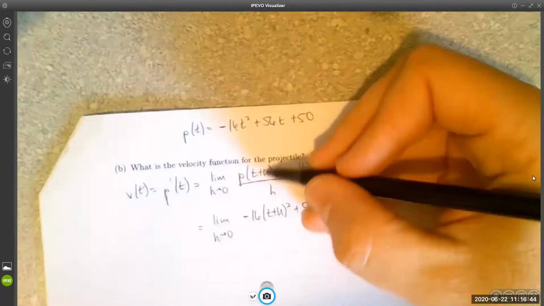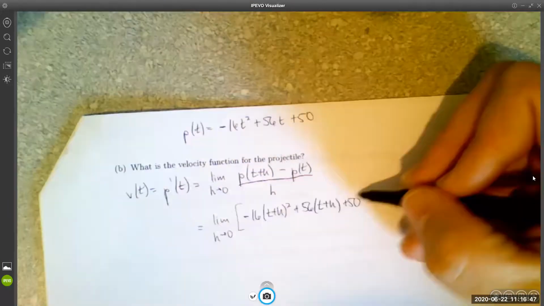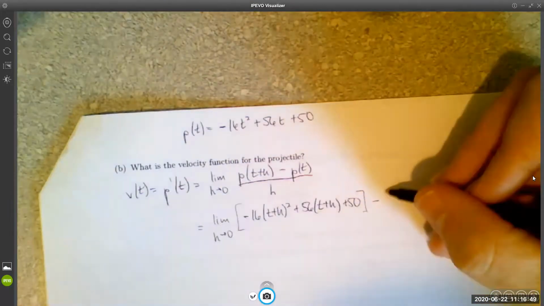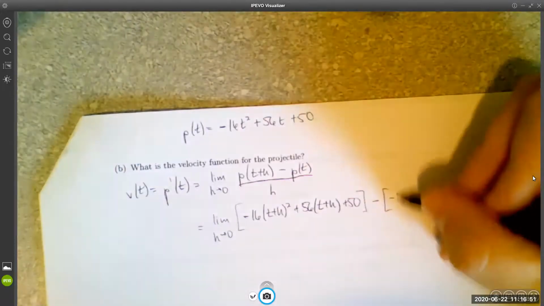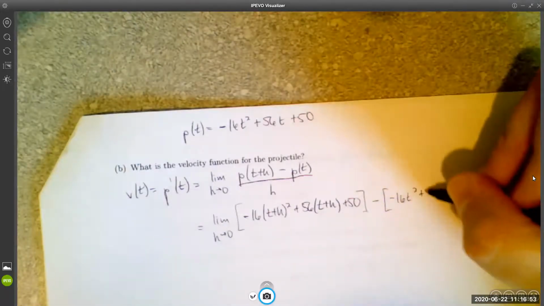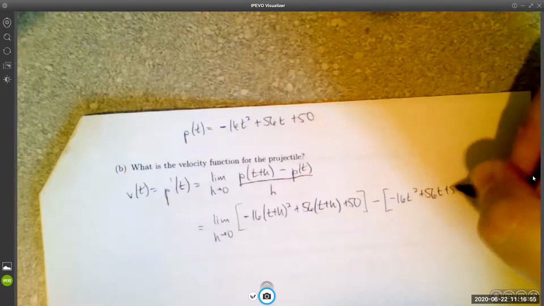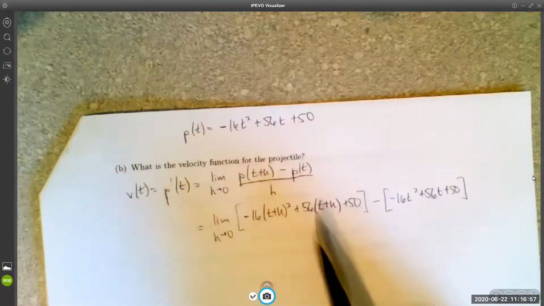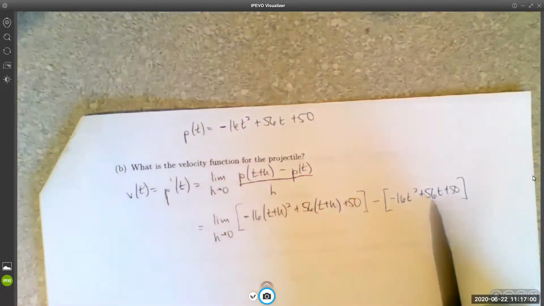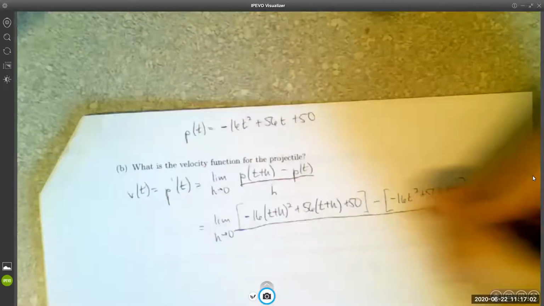All right, that's just the p of t plus h part. Then we have to subtract off p of t. P of t is negative 16t squared plus 56t plus 50. Now we have to divide by h.